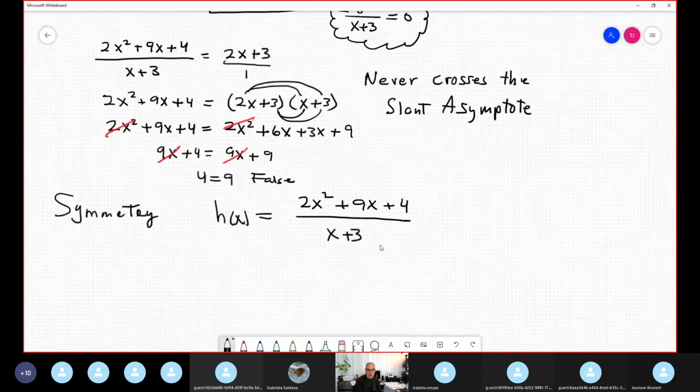I know when there is even exponent, it stays the same. When it's odd exponent, one changes. What do you think? Not necessarily do too much. It's only visual inspection. What do you think? Is it even, odd, or neither?